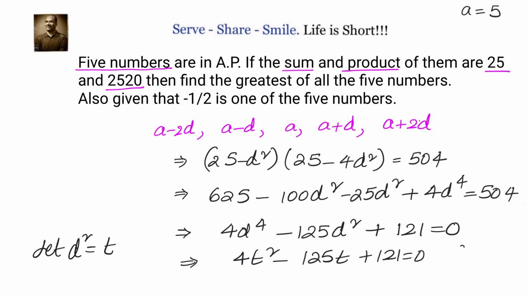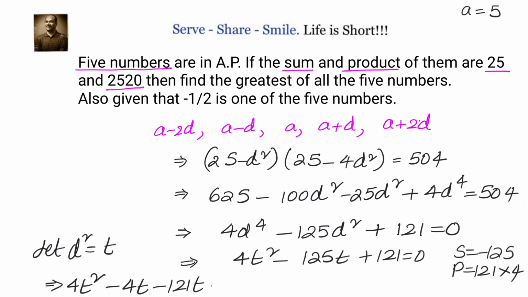Now the sum is minus 125 and the product is 121 into 4, which can be written as minus 121 and minus 4. So the equation will become 4t square minus 4t minus 121t plus 121.